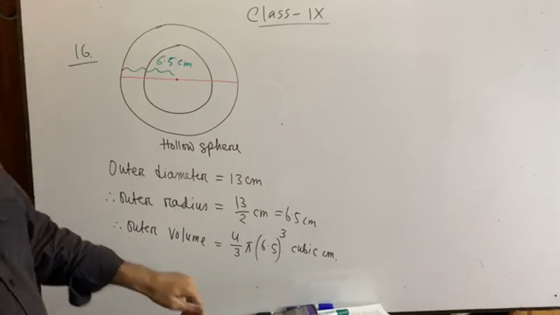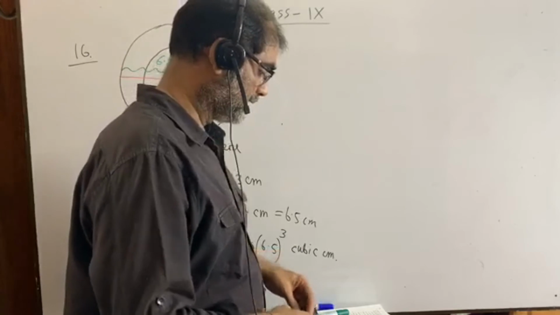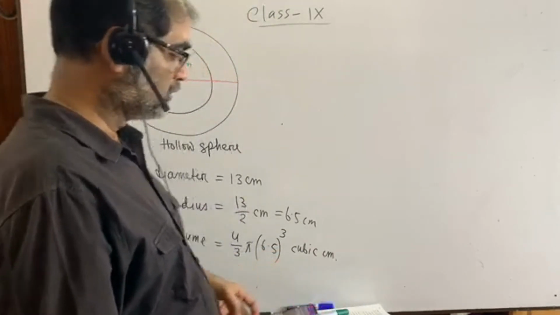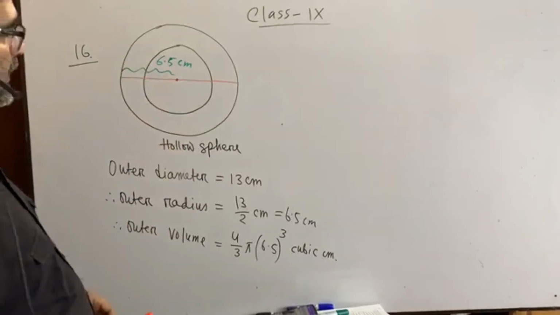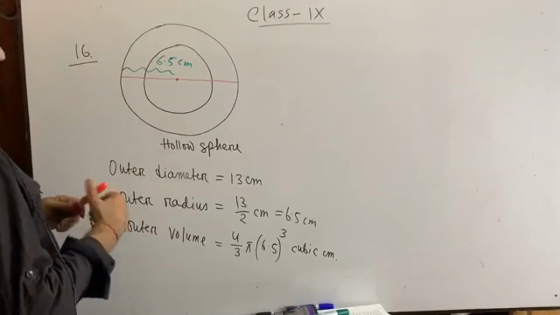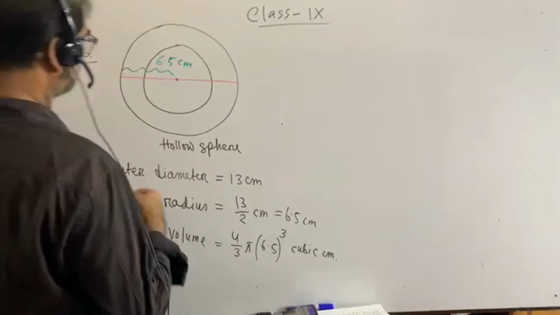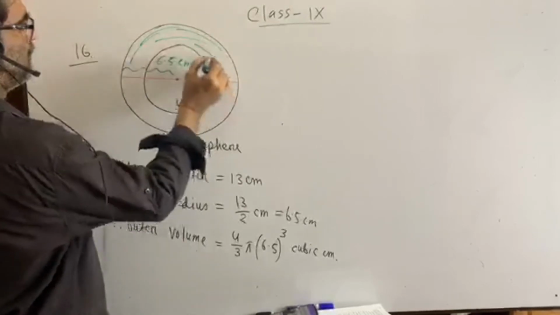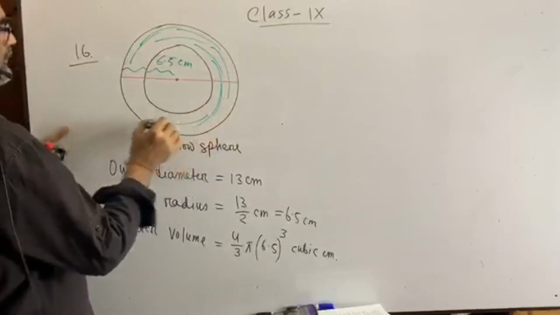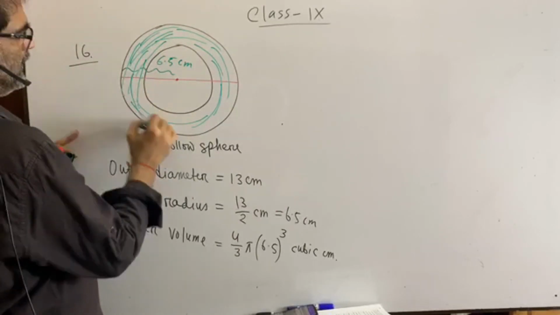It is the outer volume. In this question it is also told that the thickness of the hollow sphere, I mean the thickness of iron here, is wholly and fully iron. Please try to understand, this is iron.